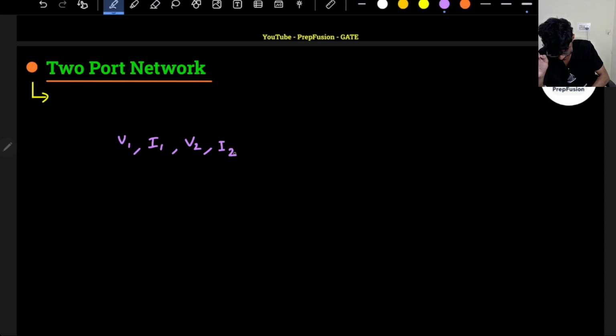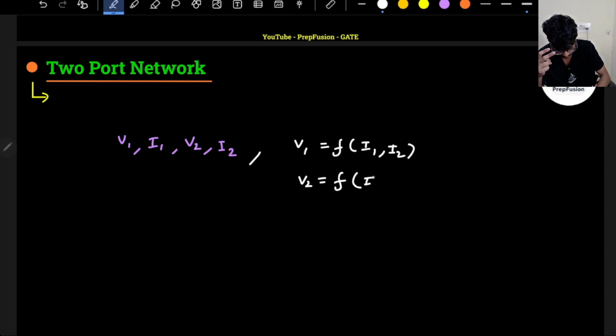If I have four quantities, what we do is we write two quantities in terms of the other two. So V1, let's say, is a function of I1, I2, and V2 is a function of I1, I2.